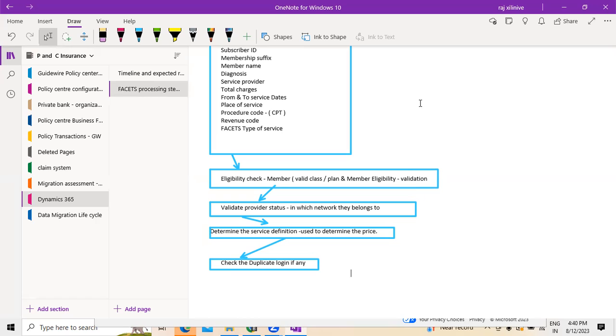That's what we call checking the duplicate logins, if any. Is it clear? Understood or not? Right. So this is what we generally need to see in reference to the duplicate edits.